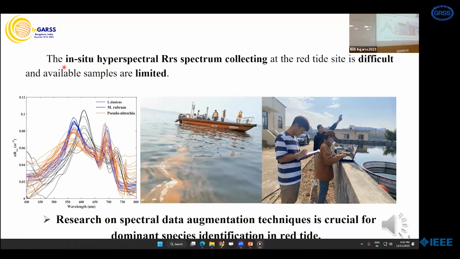However, collecting in-field hyperspectral remote sensing reflectance spectra at the red tide site is difficult and available samples are limited. So, research on spectral data augmentation techniques is crucial for dominant species identification in red tide.